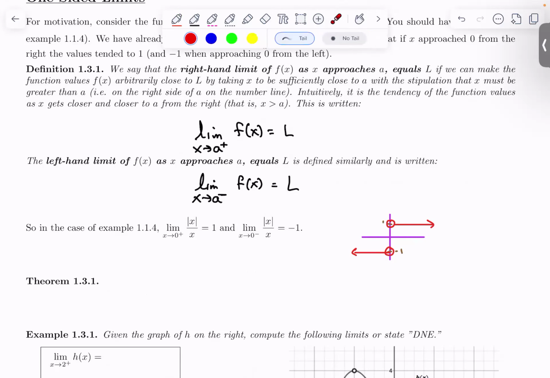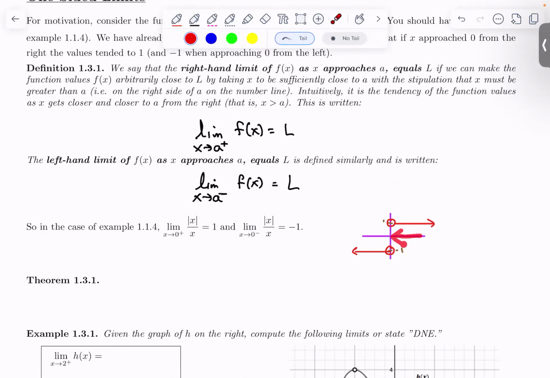So if we approach 0 from the right, our y values approach 1. But if we approach 0 from the left, our y values approach -1. Any questions on that? That's how we use left and right hand limits.